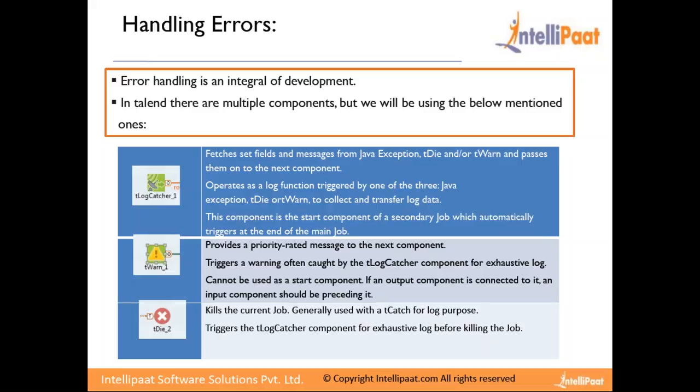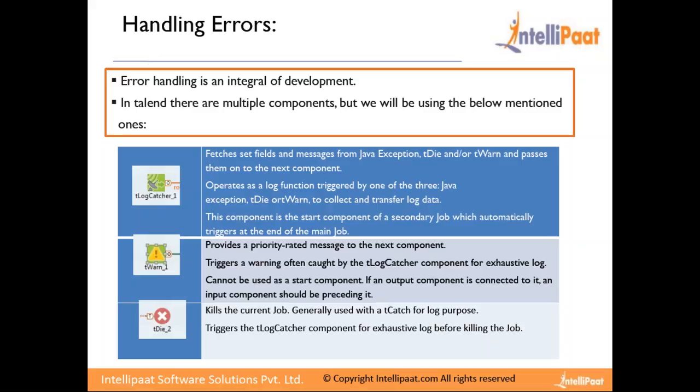And the third component is tDie. So tDie is a component wherein you can say that you have created a flow and you want to end that flow if any error happens and the flow reaches this tDie. So suppose you are trying to capture data, and in that data you found some issue, and based on that issue you have created a flow that it should reach this tDie.